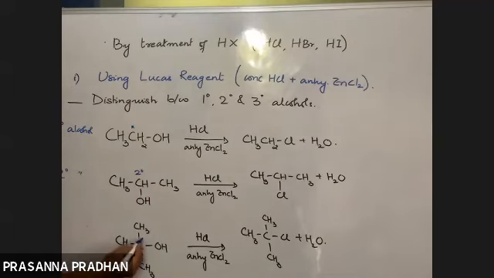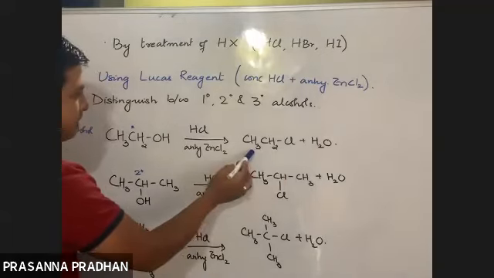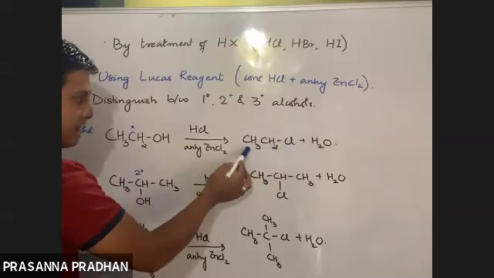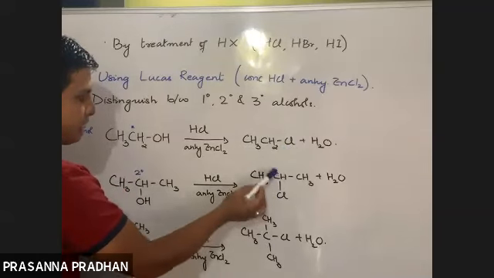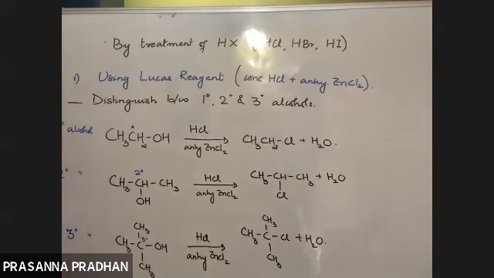Here the OH group is attached to a 3 degree carbon, so this is a 3 degree alcohol. So alcohols can be classified into 1 degree, 2 degree, and 3 degree. Whatever alkyl halides we get: here we get 1 degree alkyl halide, here 2 degree alkyl chloride, and here 3 degree alkyl chloride.